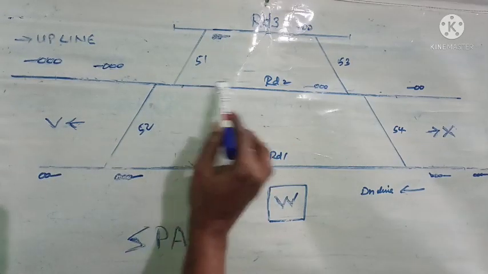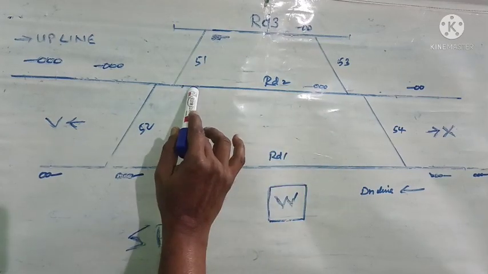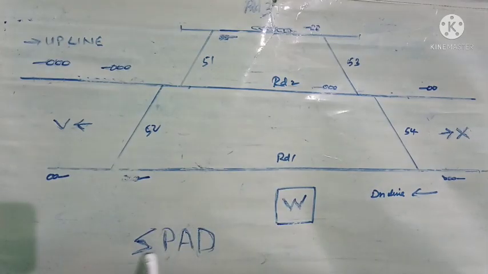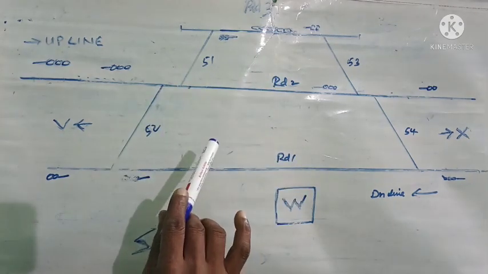Now the train has come and stopped here at the foot of the starter signal, clearing the fouling mark. Thereafter, the station master will issue an accident message to all concerned: signal passing at danger, that is SPAD. Signal passing at danger is considered a very serious offence by railways.